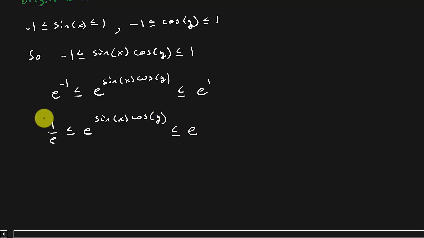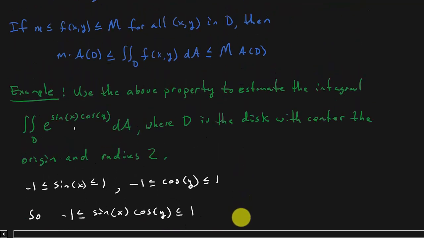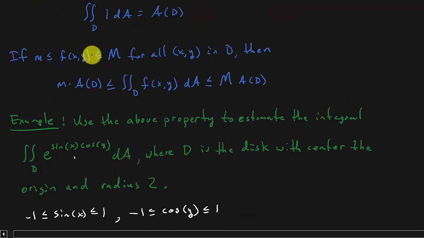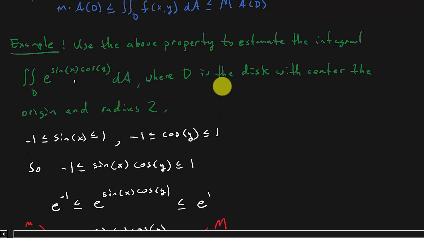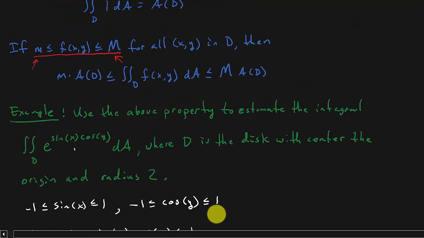Now, notice right here, that's little m. This is big M. See, I've got my f of x, y that's between little m and big M. This is the part that I've set up right now. And so what are we wanting to do?